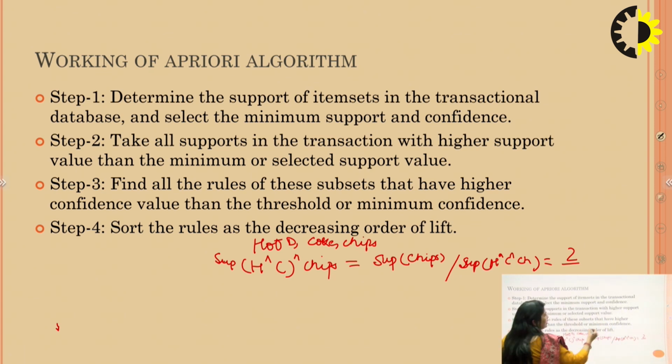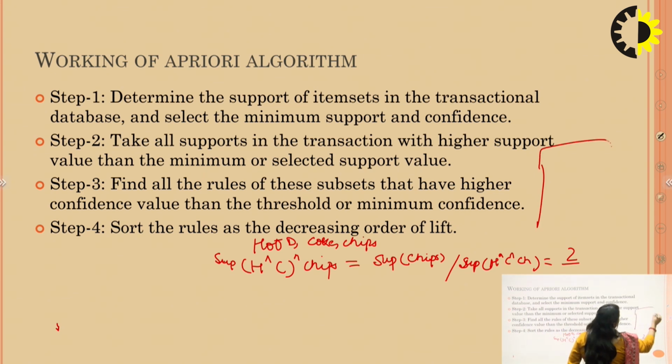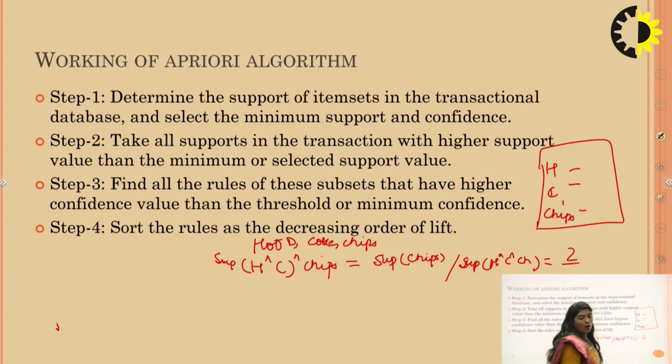I'll write the values again: hot dog, Coke and the chips. Hot dog came 4 times, Coke 3 times, and the chips 4 times.